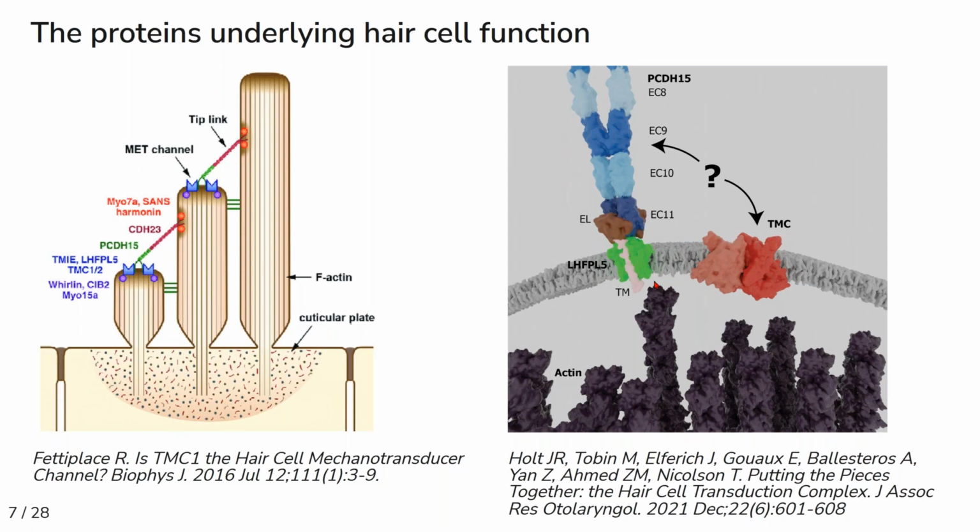And then really the only structural insight we have to the machinery at the bottom of the tip link is the structure of protocadherin 15 in complex with one of the molecules involved in the complex, LHFPL5, that me and my friend Jing Pang solved a few years ago. But how the lower end of the tip link is coupled to the channel and how these other components like TMIE and CIB2 come into it is still unknown.